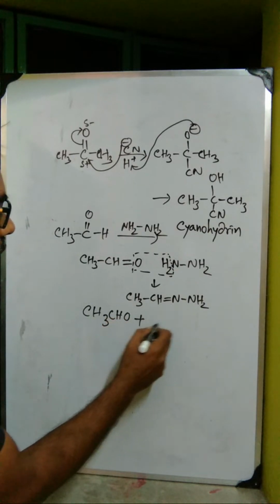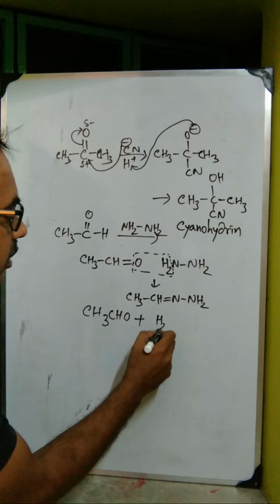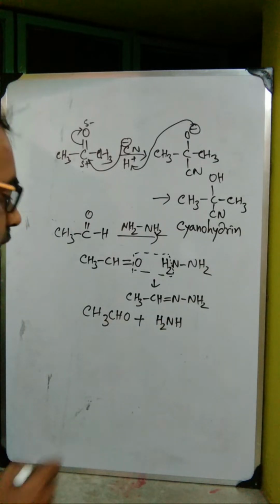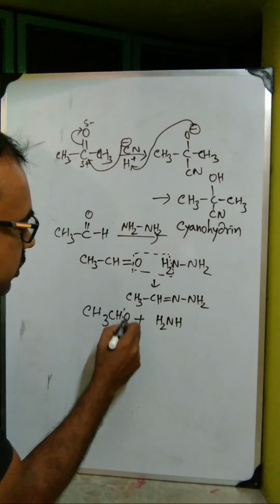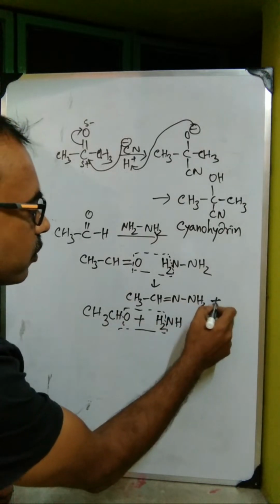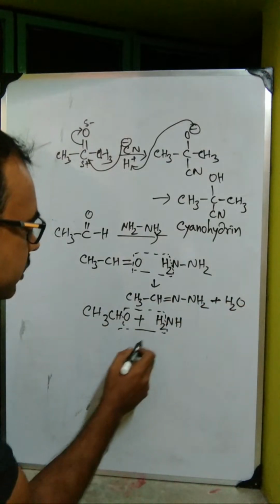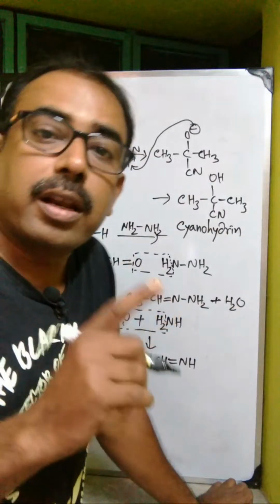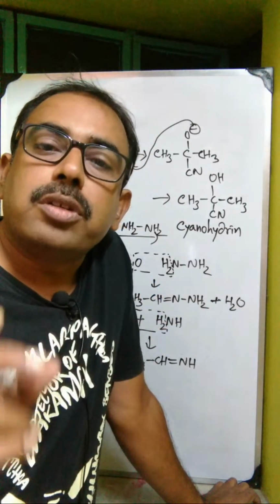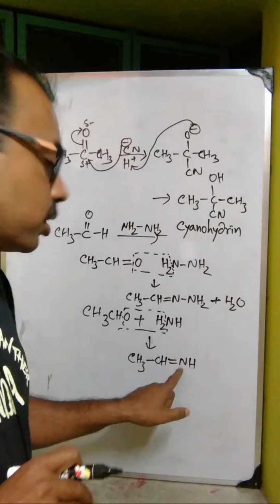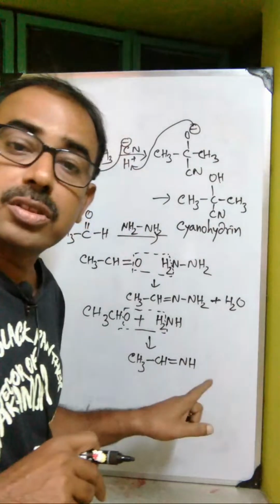Okay, so if you take CH3CHO with ammonia NH3, NH3 will be written as H2N then H. This is also NH3. So here also oxygen and hydrogen, that is water, is eliminated, and the product is CH3 CH double bond NH. When an NH2 group is bonded with an alkyl group, the compound is called an amine, and when NH double bond is bonded, the compound is called an imine.